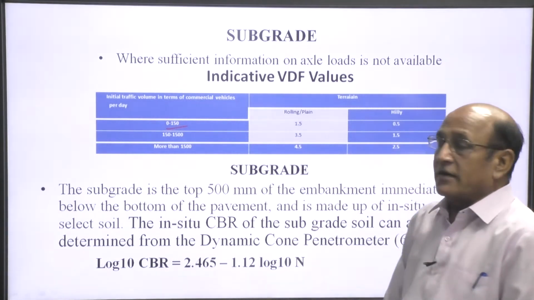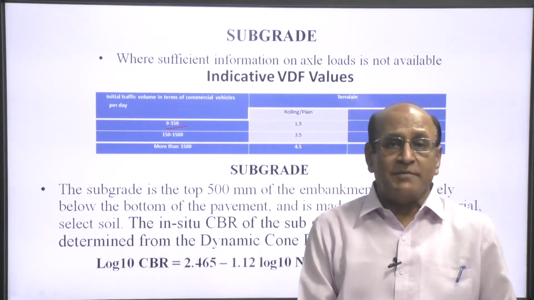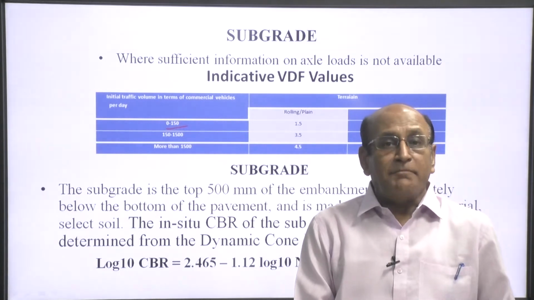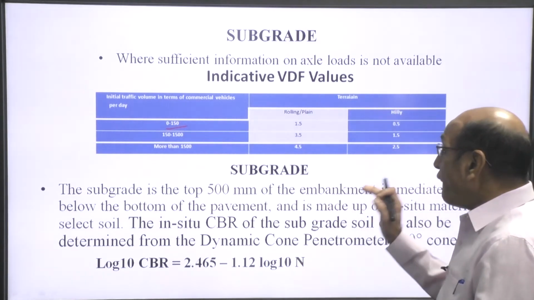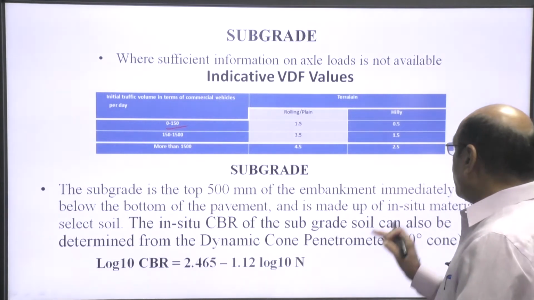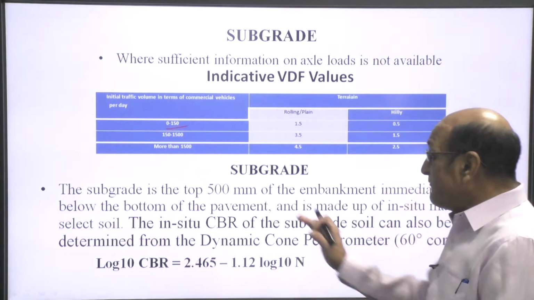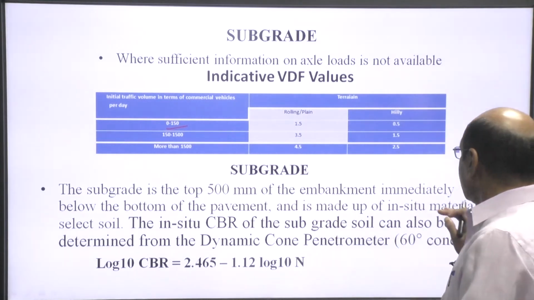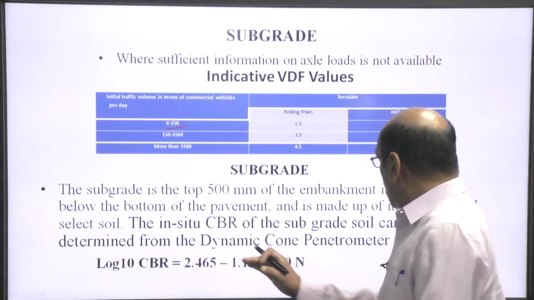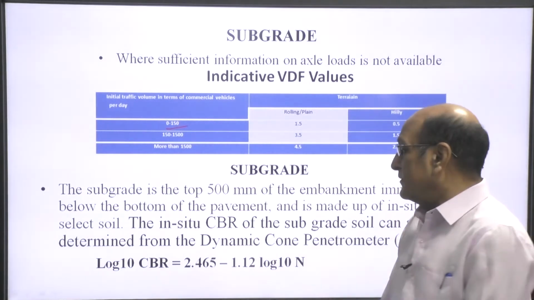Now, come to the subgrade. This is another important parameter for designing the pavement thickness. The subgrade is the top 500 mm of the embankment immediately below the bottom of the pavement and is made of in situ material or select soil.